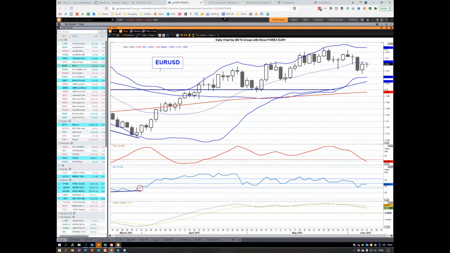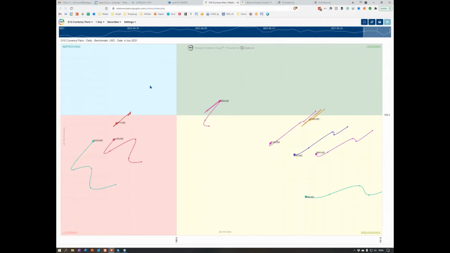So US dollar, is that the best thing? Now to make a choice here, we look at the relative rotation graphs, and the regulars here will be very familiar with this, but very briefly, this is plotting the G10 currencies relative to the US dollar. The US dollar is in the middle.